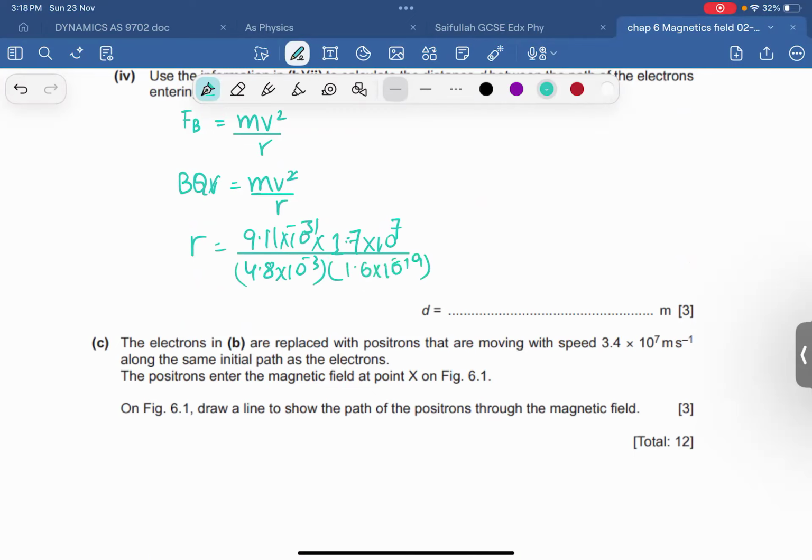That will give me the radius. When I multiply by 2, I'll get the diameter.